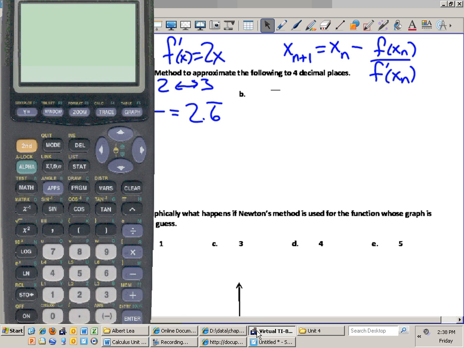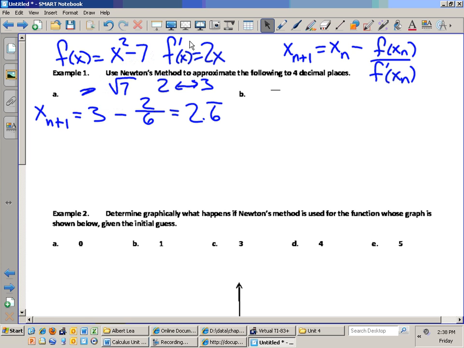Let's just try to see how close 2.6 repeating is to 7. If we were to square that, how close do we actually come out to 7? Well, 7.111. That's really close. If we want to come closer, we repeat the process, but we plug in 2.6 repeating. So my new guess will be 2.6 repeating minus my function evaluated at 2.6 repeating.